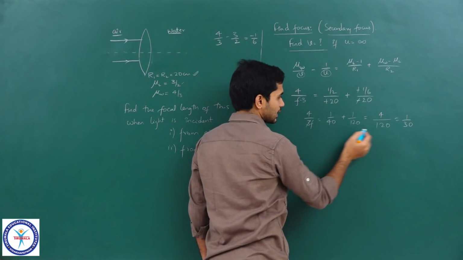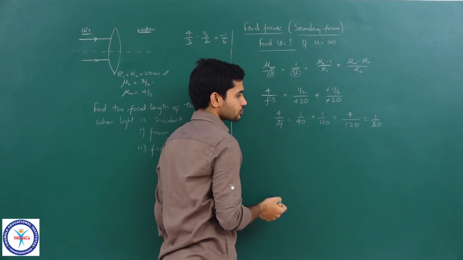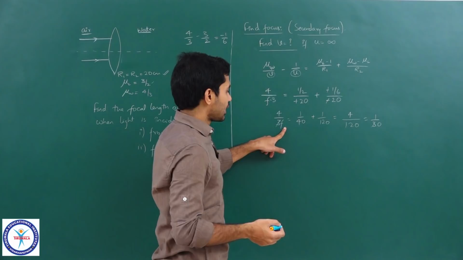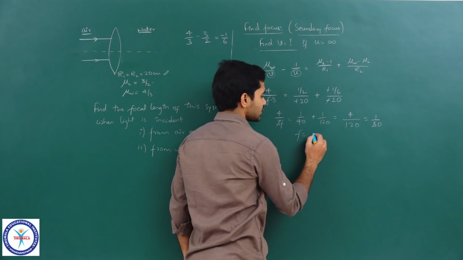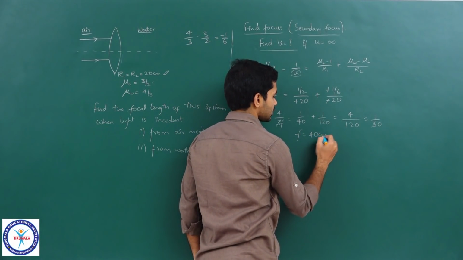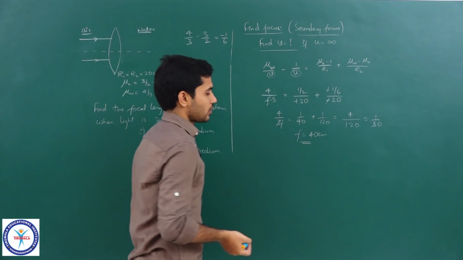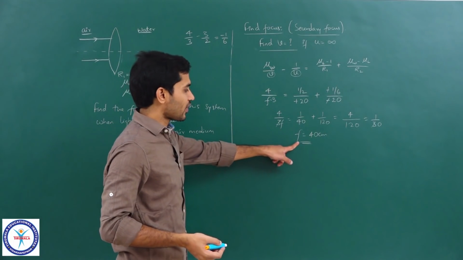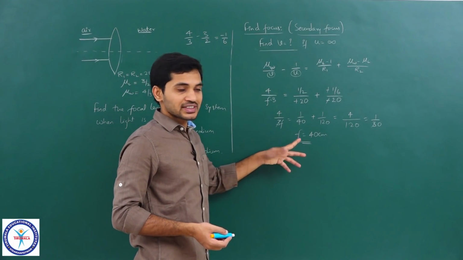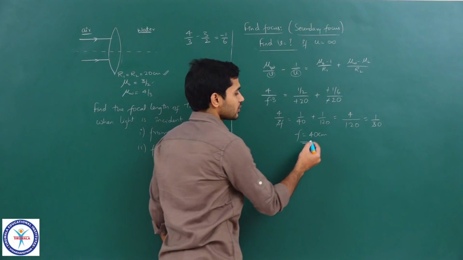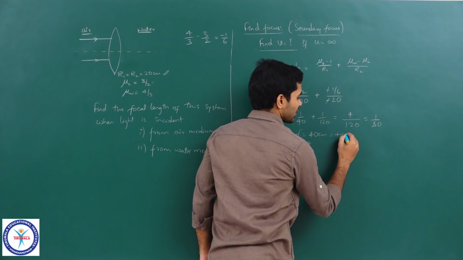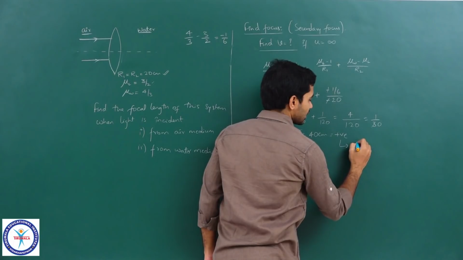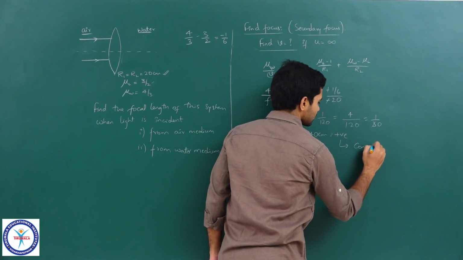The 3 here and 3 here get cancelled, and I will get the value of F as 40 centimeters. Clear, students? I got the value of F as positive. So what does that mean? F being positive represents that it still behaves like a converging lens.